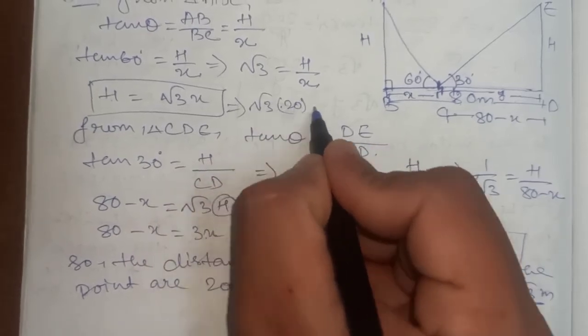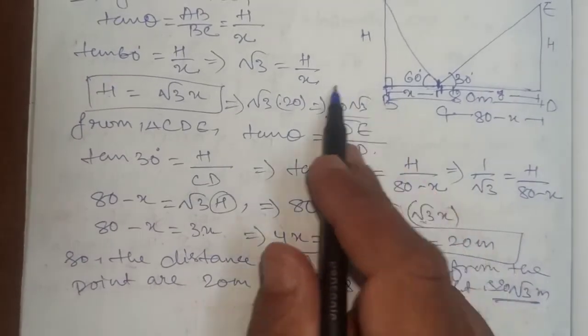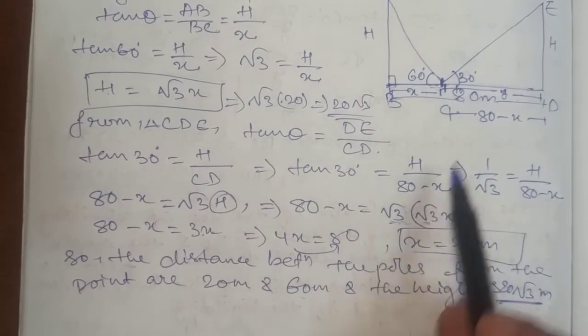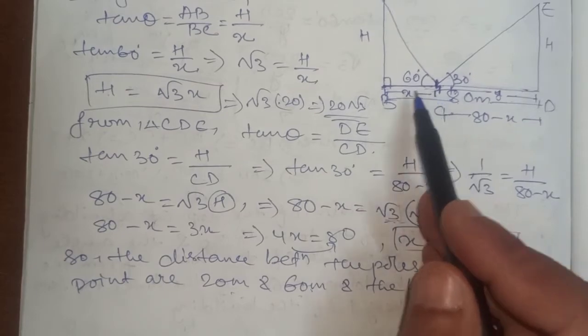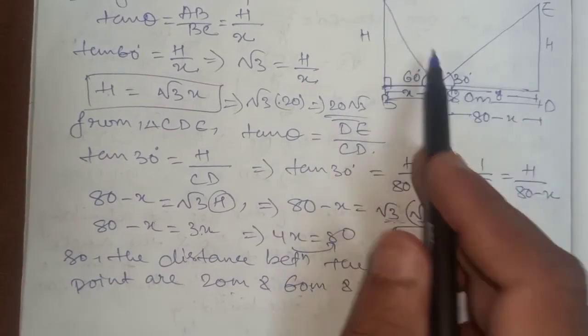X is 20, so we will get 20 root 3. This much will be the height of the pole, and these are the distances between the pole and that point from where we are observing the top of the pole.